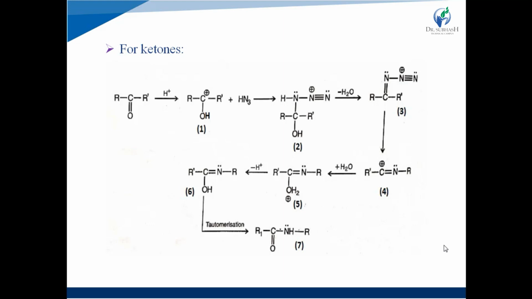Right? Now what is tautomerization? There is a migration of hydrogen, that is a proton, and electrons within the molecule. See in structure 6, the OH group has the hydrogen H plus, and nitrogen. There is a pi bond between carbon and nitrogen, right?